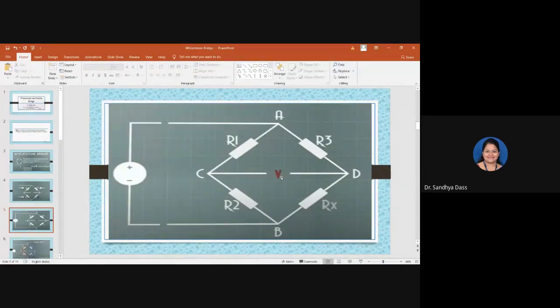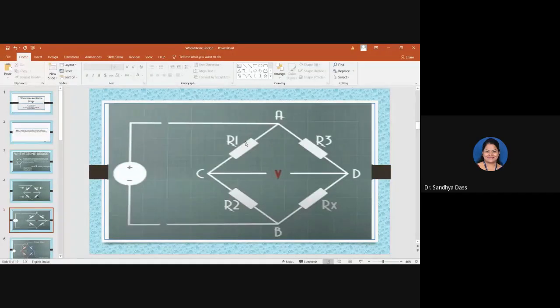So using this concept, taking the voltage divider network, finding the voltage across these points, and observing a condition when the drop across these 2 points is the same, or in other words VCD is equal to 0, or when there is no current flowing in this path, we say the bridge is balanced. What do we mean by balanced condition of the bridge?